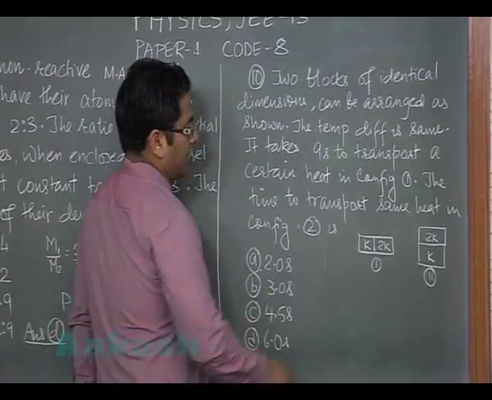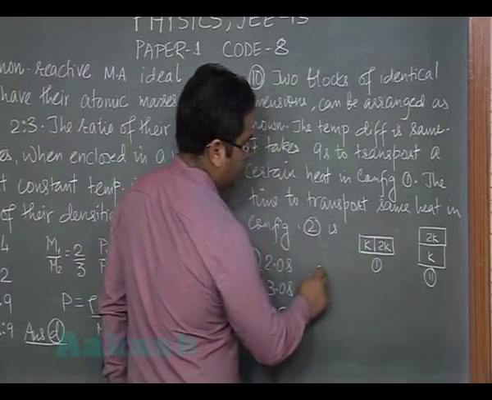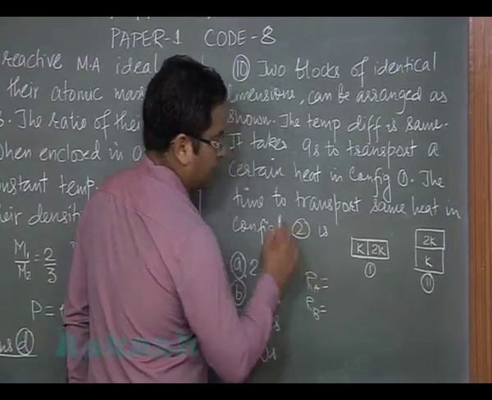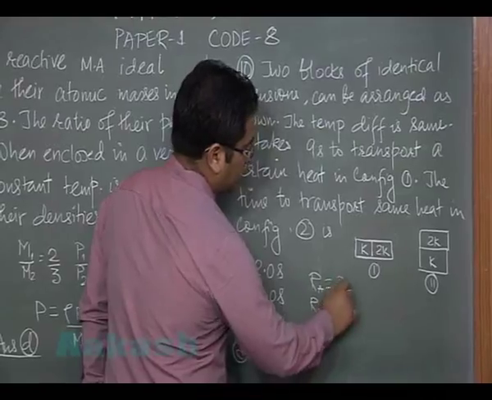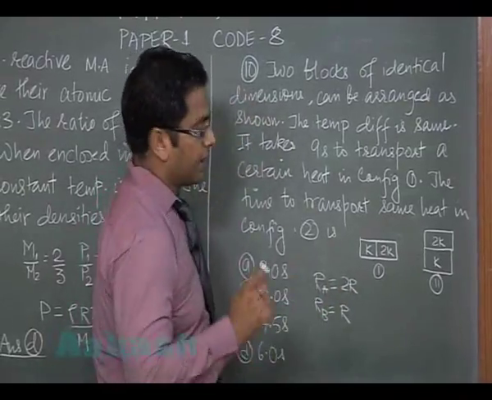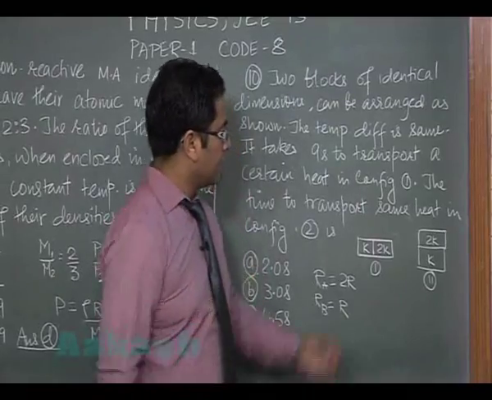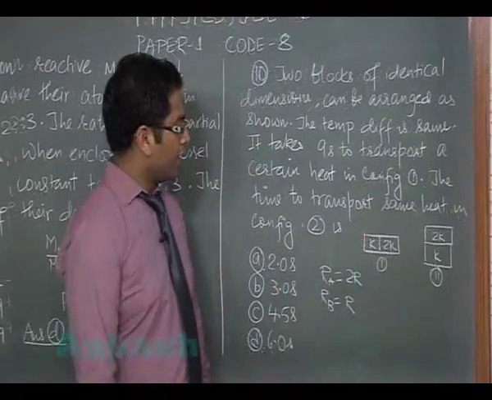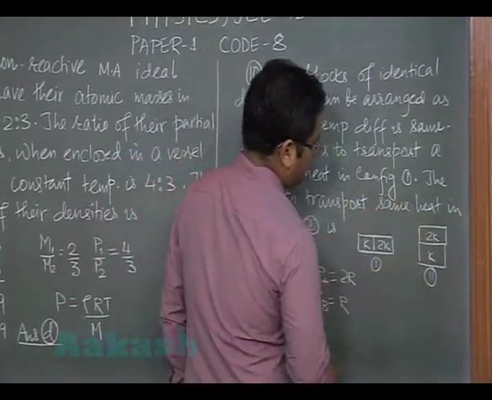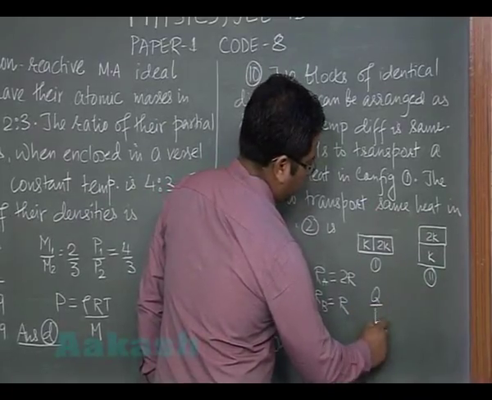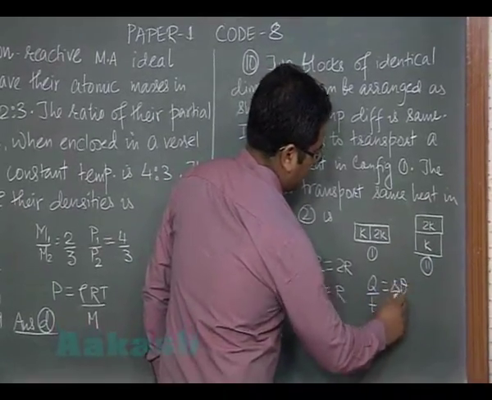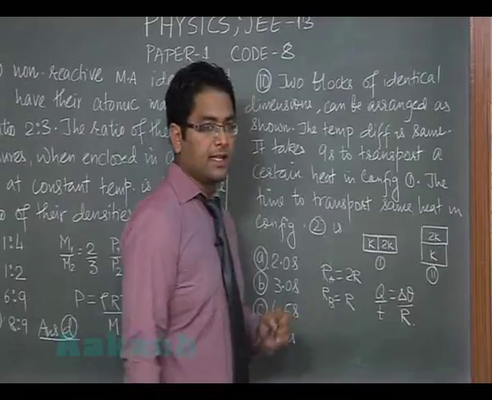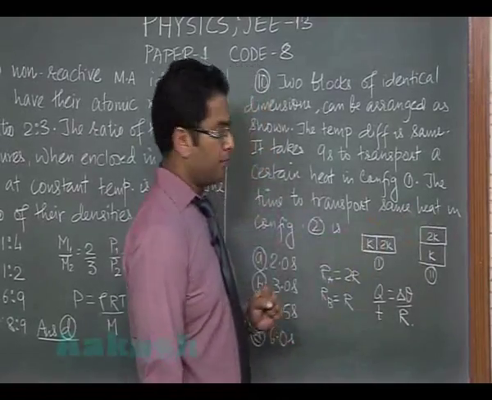So let's see. If I call this as A and this as B, you could see that our A resistance and our B resistance. If this resistance is R, this has to be 2R. Because length is same, area is same, so this conductivity is twice, that means the resistivity has to be halved. Now, using the principle of thermal conduction, where Q divided by t is obviously delta theta by resistance, you could say the first case is an arrangement of series and second case is an arrangement of parallel.